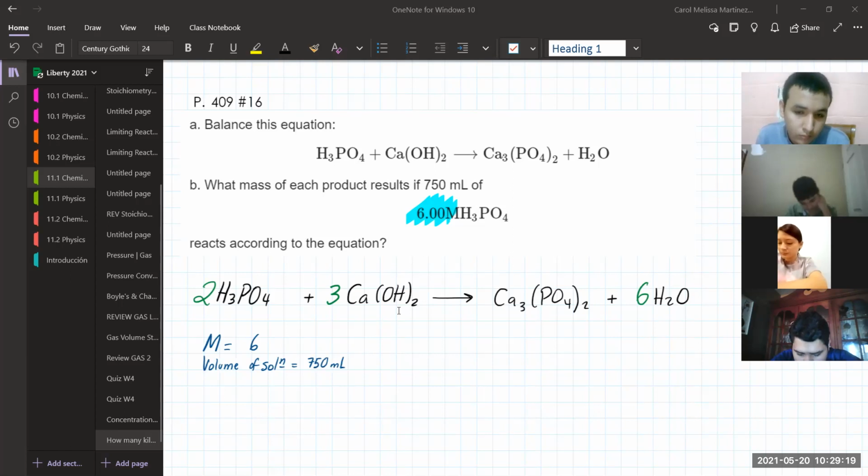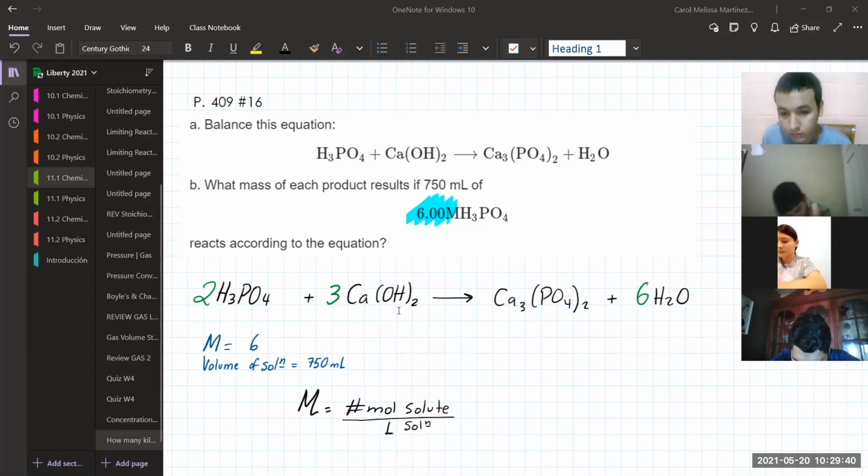According to the formula that we have for molarity, molarity is equal to number of moles of solute divided by liters of solution. So the first thing I notice is that milliliters and liters don't match. So I need to convert from 750 milliliters to liters.